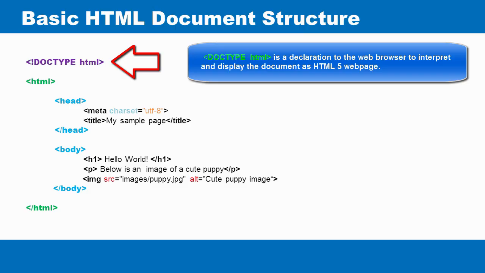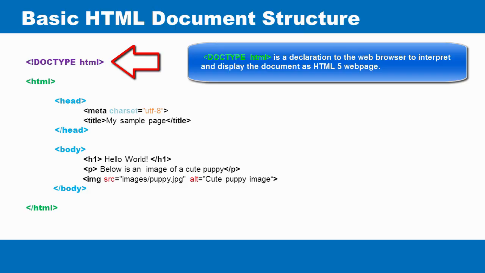It is an instruction to the web browser about what version of HTML the page is written in. It lets the web browser interpret the HTML document as a web page.